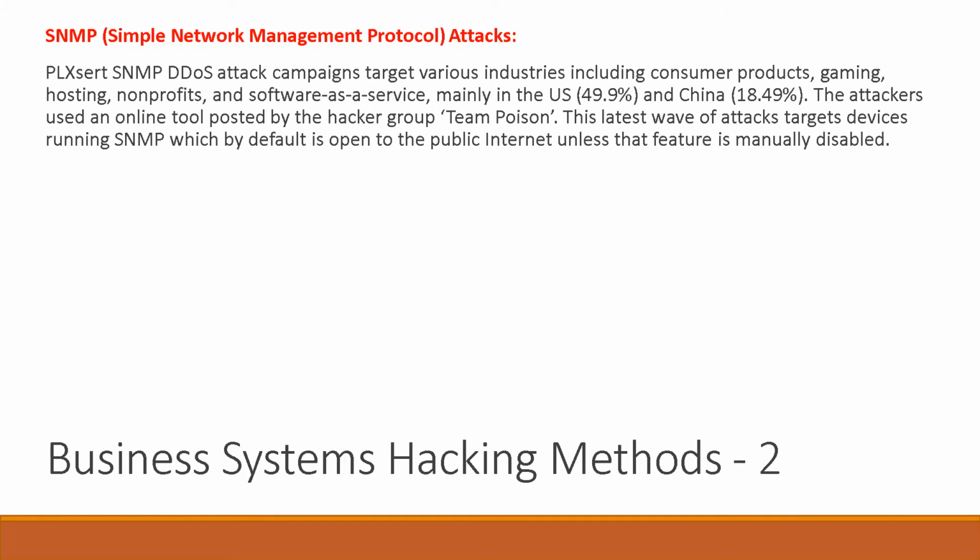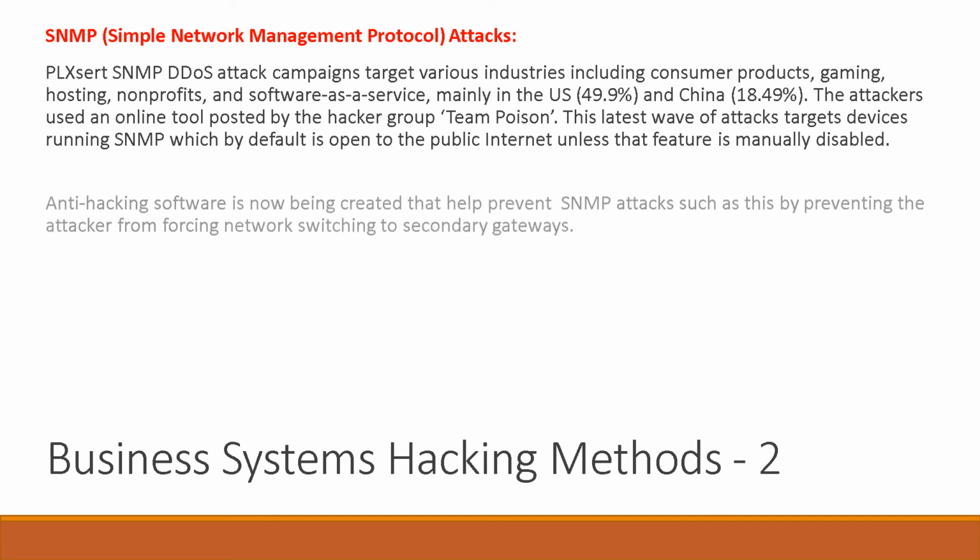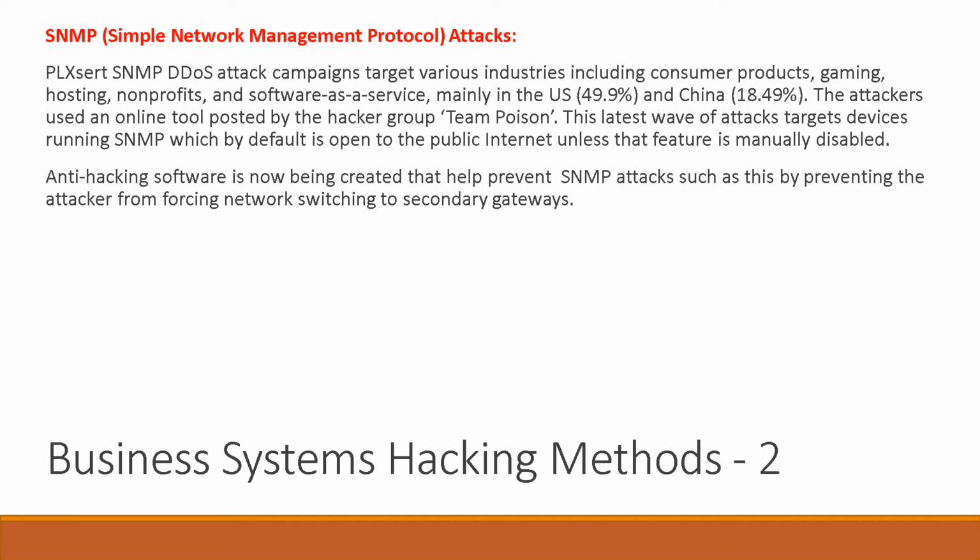This latest wave of attacks targets devices running SNMP, which by default is open to the public internet unless that feature is manually disabled. Anti-hacking software is now being created that helps prevent SNMP attacks such as this by preventing the attacker from forcing network switching to secondary gateways.